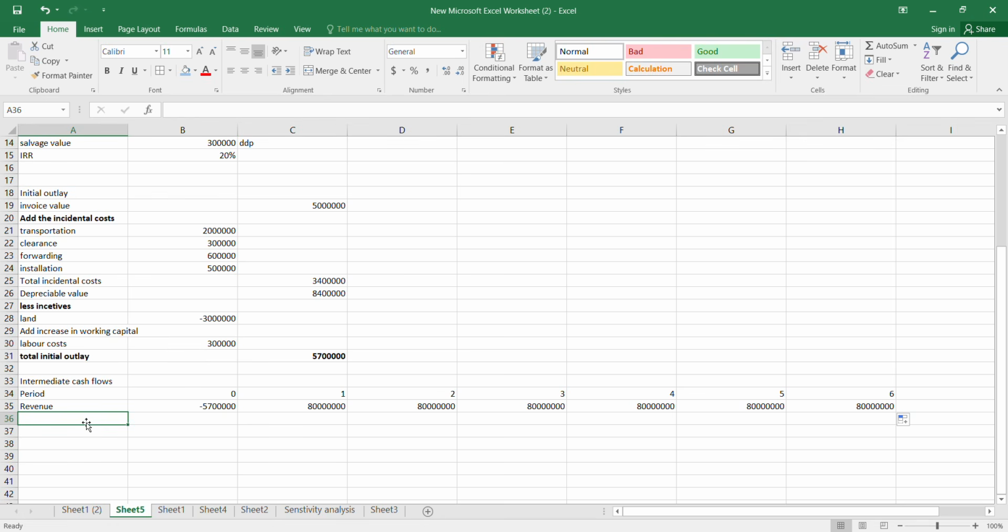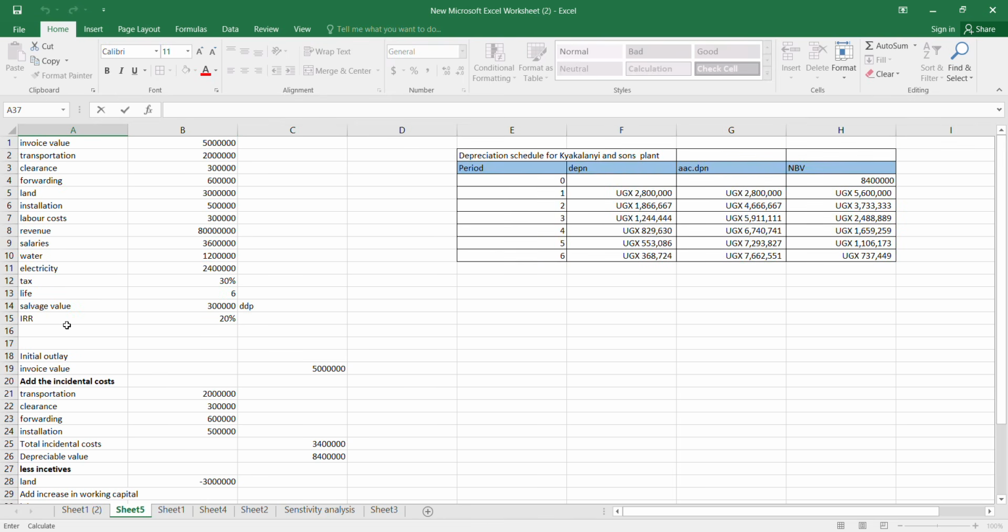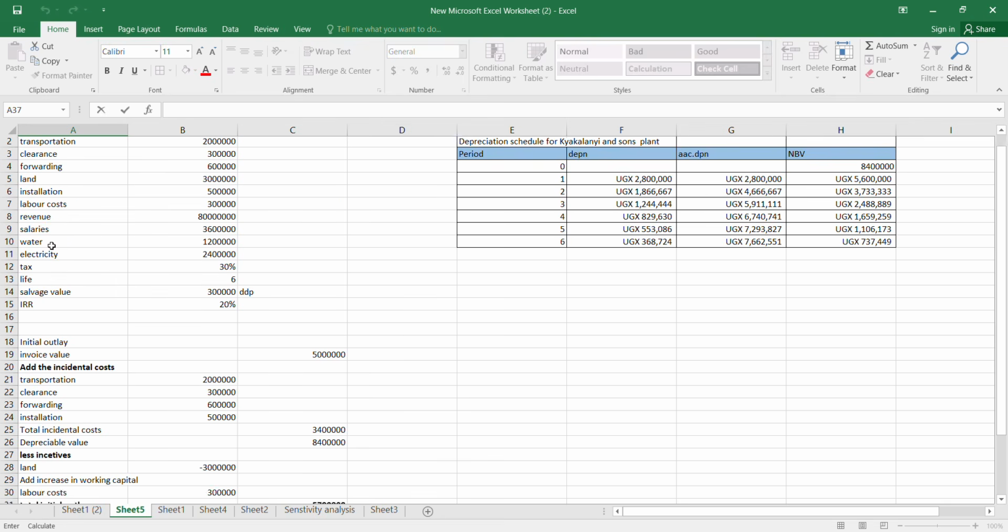Okay. Then after the revenue, we shall less operating expenses. In the operating expenses, we shall have these annual operating expenses: salaries.